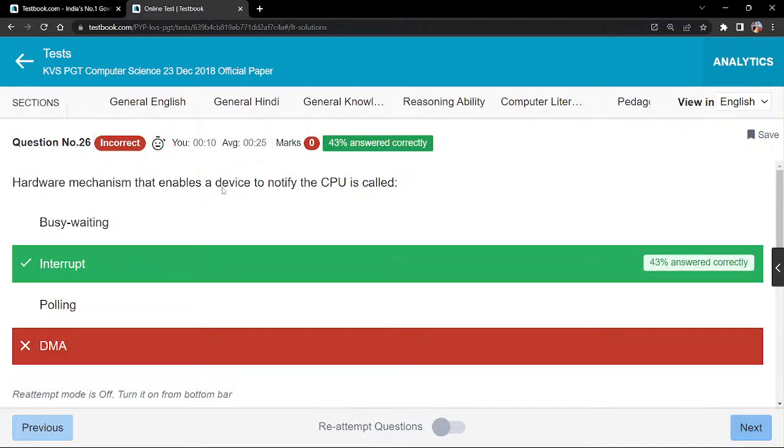A hardware mechanism that enables a device to notify the CPU is called an interrupt.